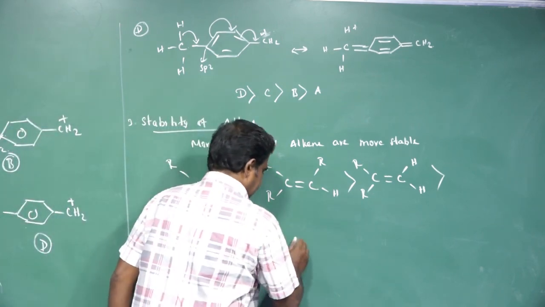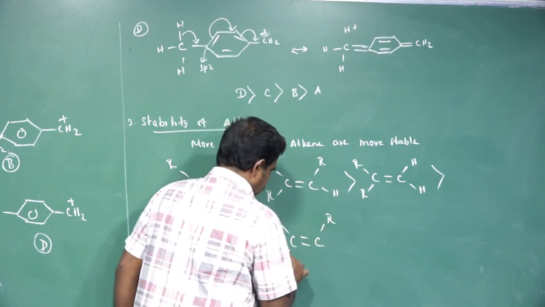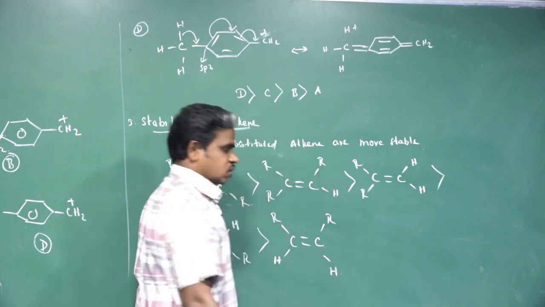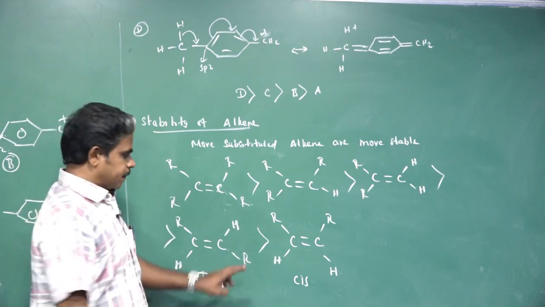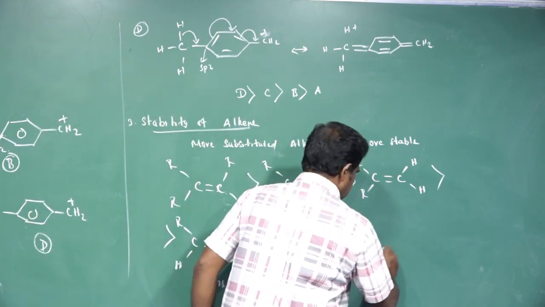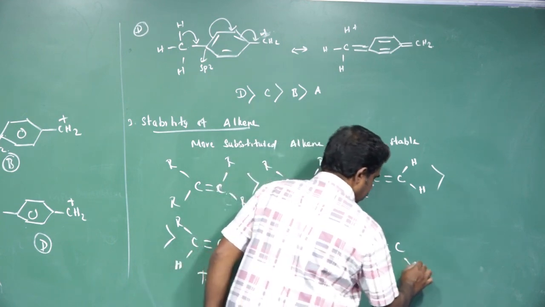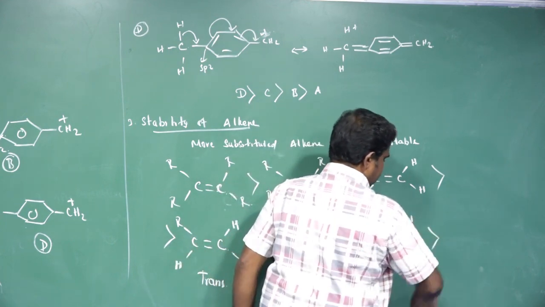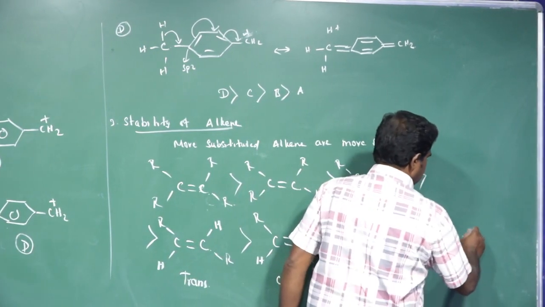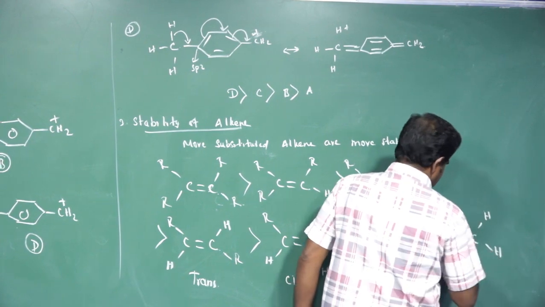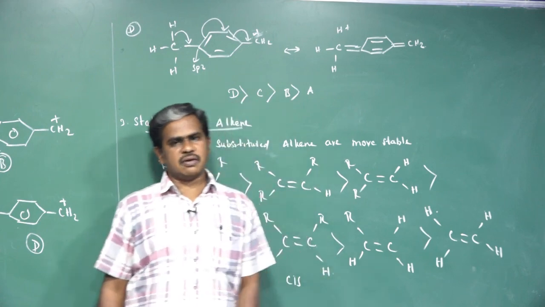Then the cis alkene, with R and R on the same side, is less stable. And the next one is the carbon-carbon double bond with all hydrogens and no substitution, which is least stable. So we may explain the stability of alkenes.